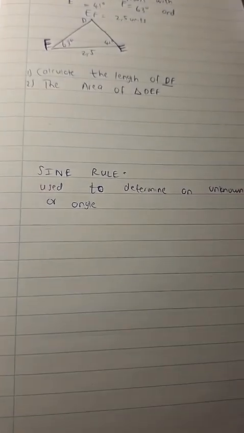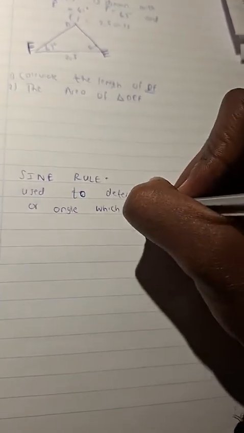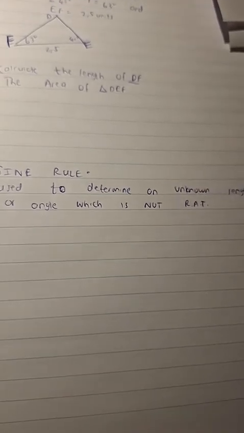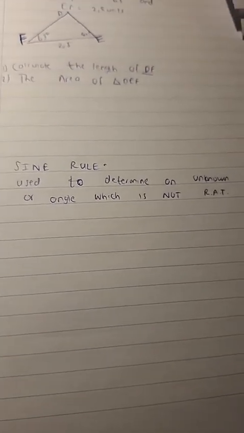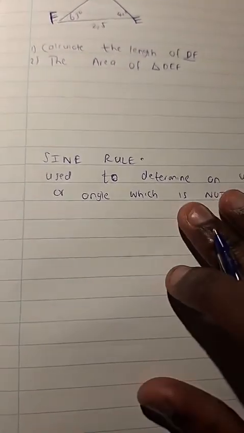It could be an unknown length or angle. Okay, which is not right angled. But there are conditions to its use. Okay, this rule. There are conditions.